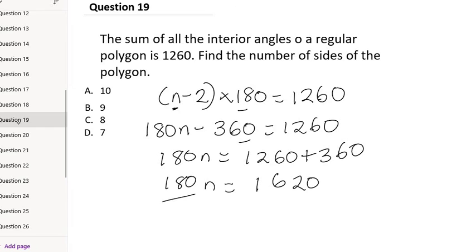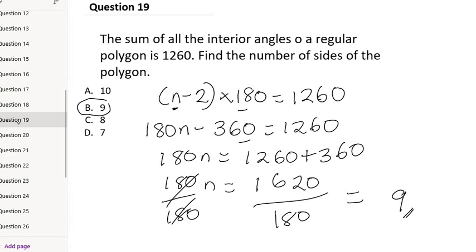To get the number of sides, I'll divide both sides by 180, so that n can stand alone. 180 cancels 180. 1620 divided by 180 will give me 9. So my right option is B, which is 9.